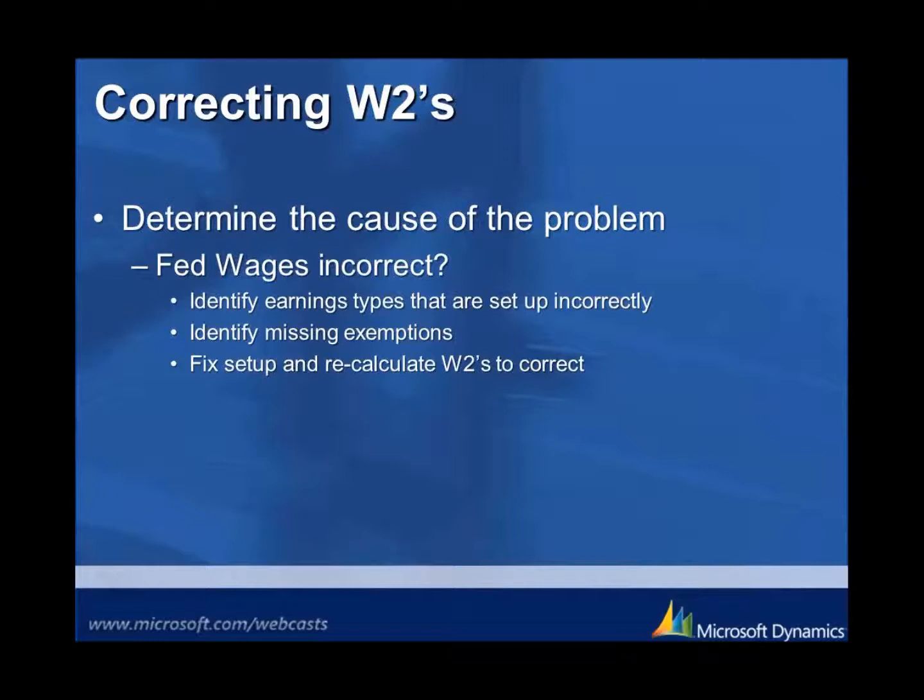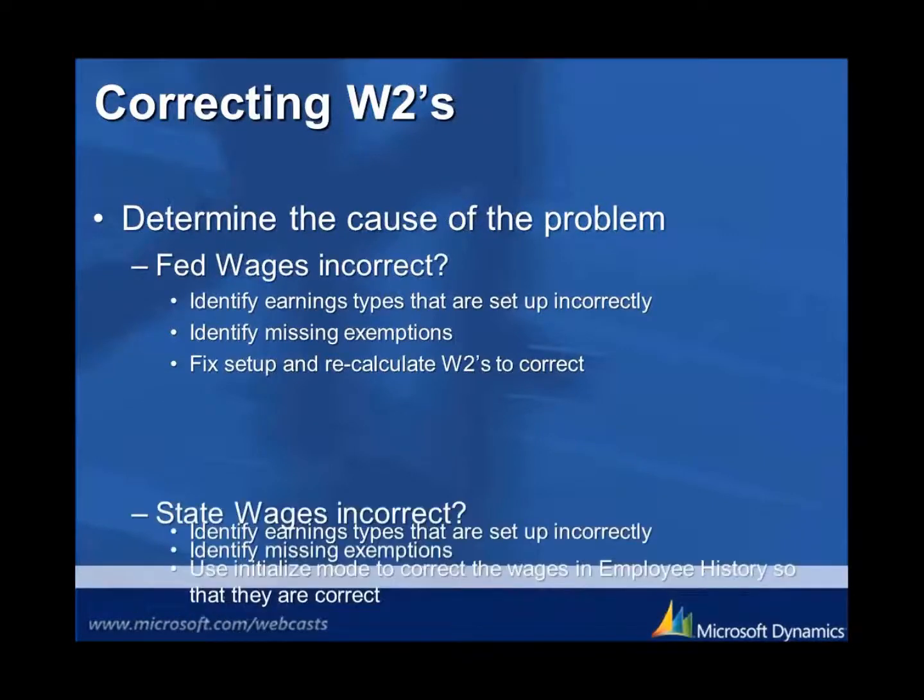And then all we have to do for the federal taxes, or the federal wages, I should say, is fix that setup and recalculate W-2s to correct. Dynamics SL has a provision in place regarding federal wages that once we've made that correction, we can recalculate, and it's automatically going to do adjustments.